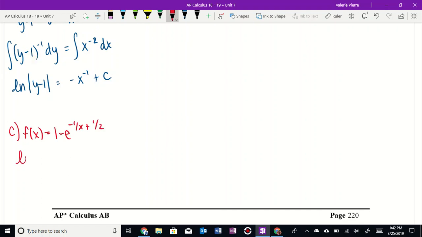So if we're looking for the limit as x approaches infinity of f of x, that's the same as saying the limit as x approaches infinity of 1 minus the limit as x approaches infinity of e to the negative 1 over x plus 1 half.